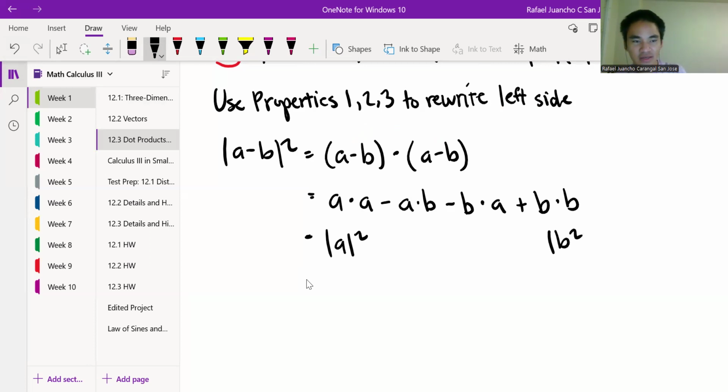And then it's the same thing here, right? And then this is 2AB, right? Because this thing is the same as this thing, so we just add them together and we get minus 2. Let me just add this.